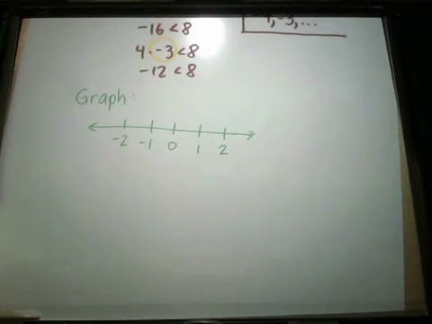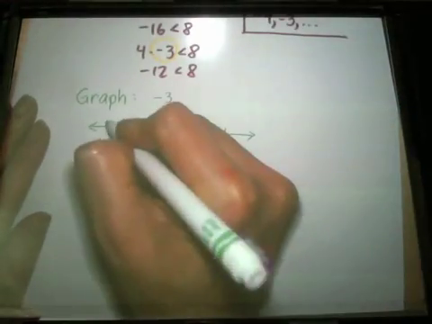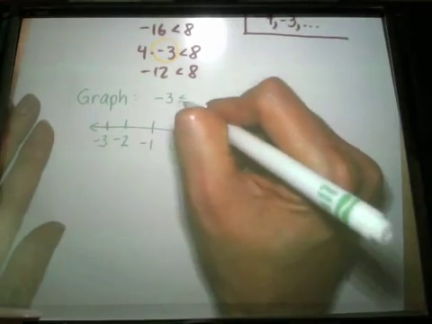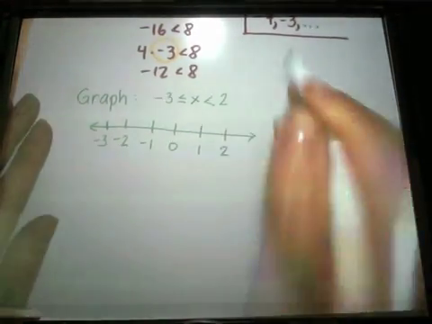So let's say I ask you to graph, I'm just going to have one or two of these, -3 is less than or equal to x, which is less than 2.